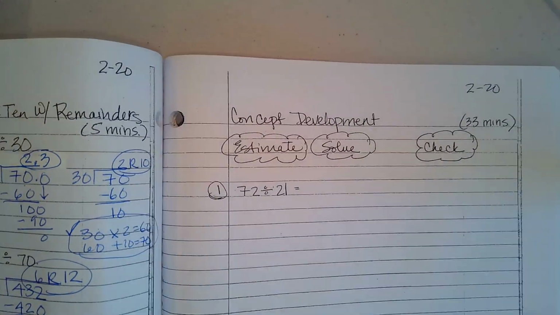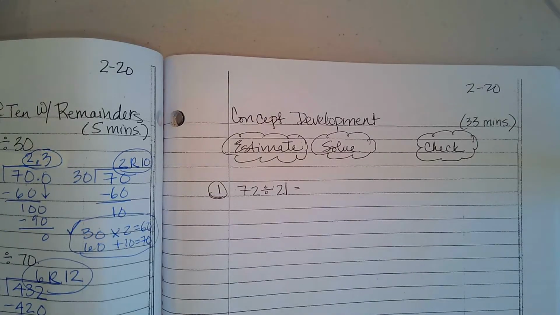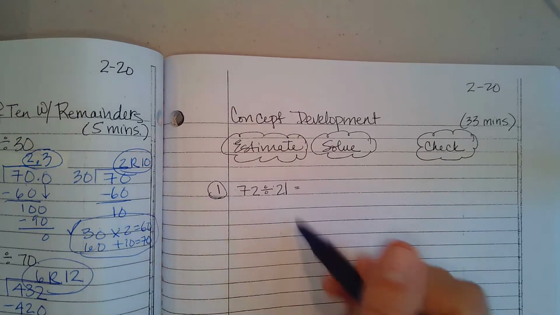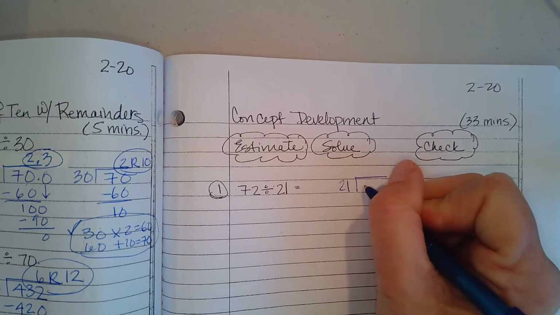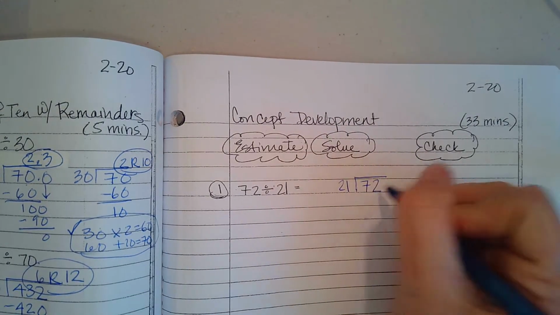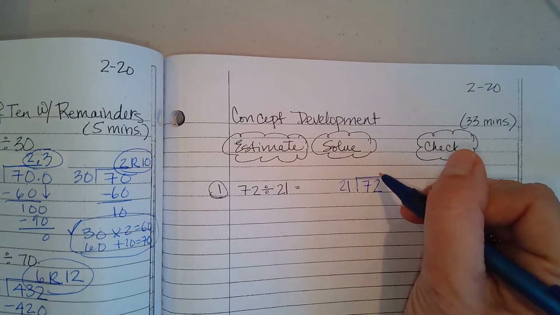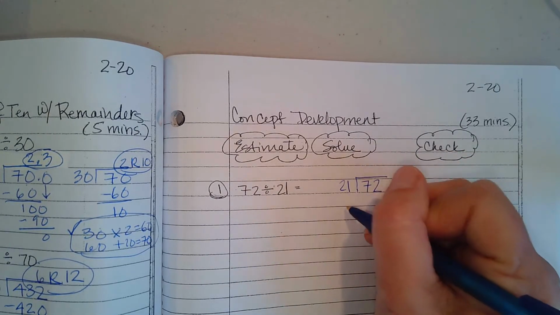So let's get started. Let's begin with the estimation part of our objective today. Remember, estimating here is going to help us choose the correct number for up here. That's the real reason that we're estimating.